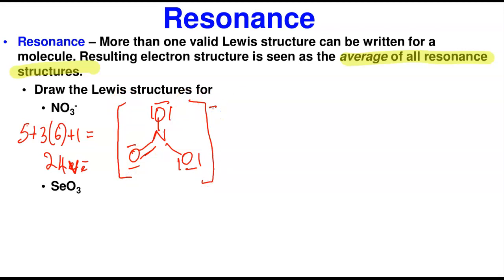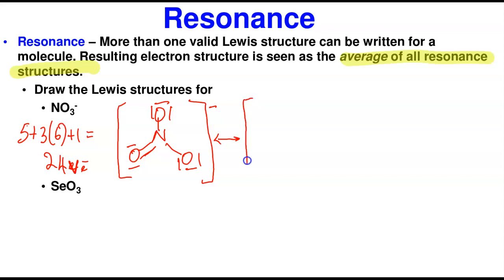Now, if you look at this structure, you find that something can be manipulated. We can make some manipulations here to produce 2 more Lewis structures for this molecule. Why? If I decide to move this bond to this place and make this one a single bond, it's still going to be possible. I'm still going to get the same thing.